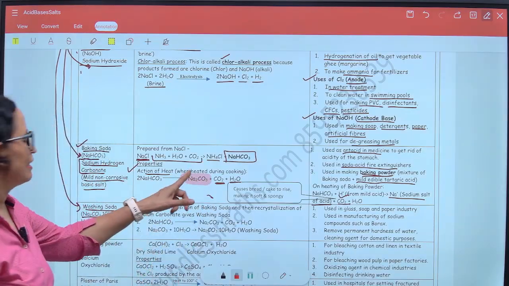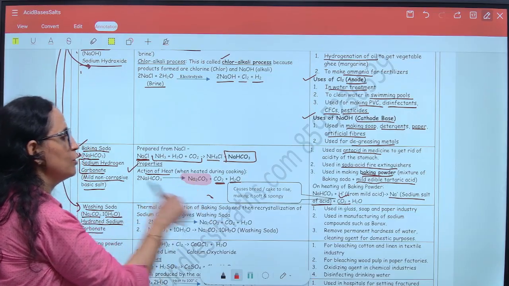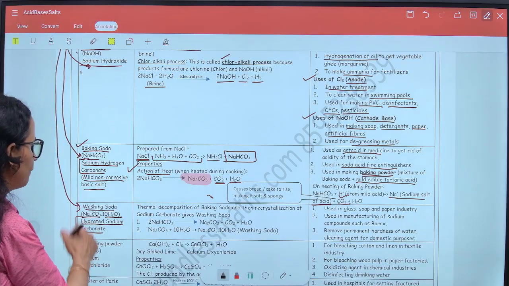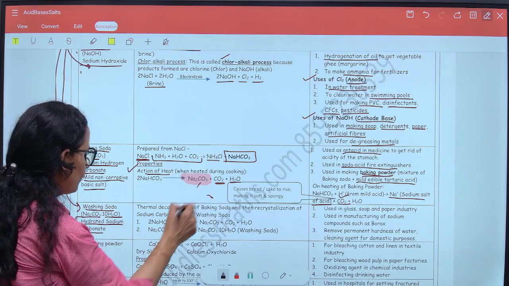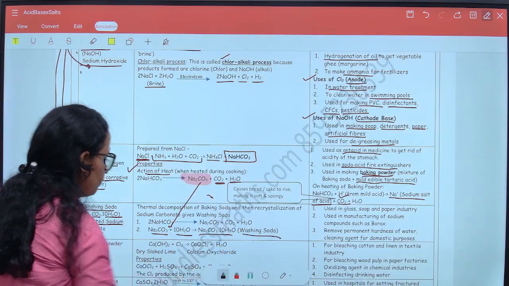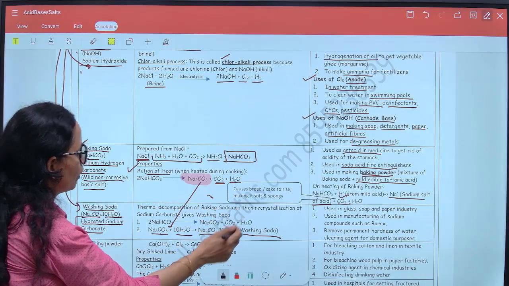But can we call this washing soda? No. You have to hydrate it further to create washing soda. So washing soda is hydrated sodium carbonate. When this sodium carbonate is hydrated, you get washing soda. So Na2CO3 plus 10H2O gives Na2CO3 dot 10H2O.